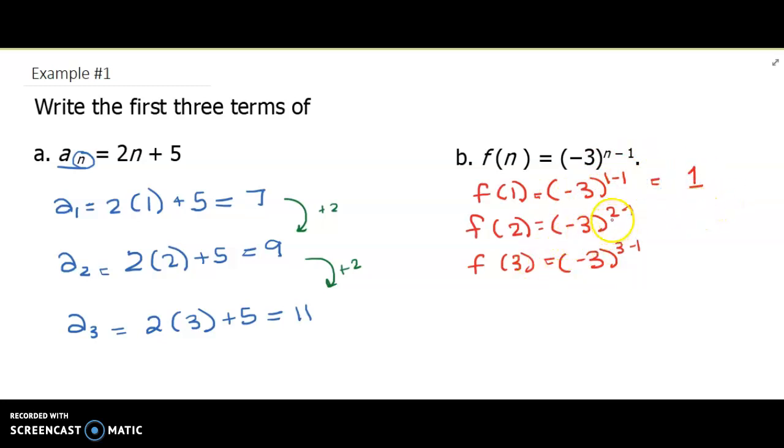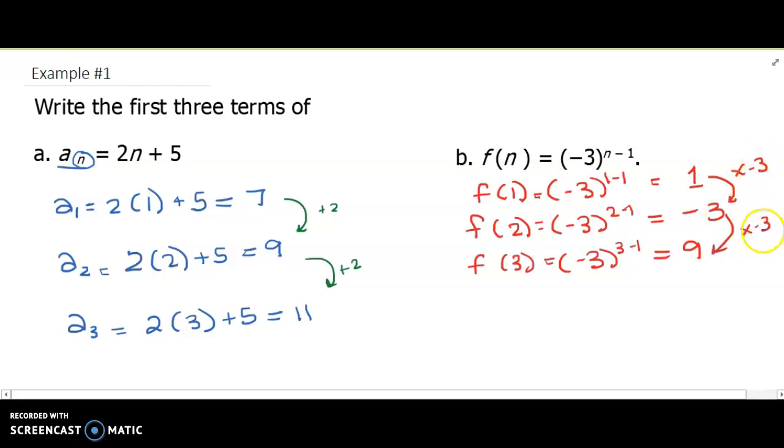This is negative 3 to the first power, which is just negative 3. And this is negative 3 squared, which is negative 3 times negative 3, a positive 9. So these would be the first 3 terms. As you can see, we're multiplying by negative 3 each time, and as we'll talk about more later, this would be considered a geometric series.